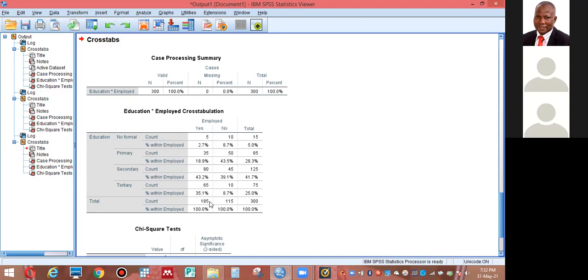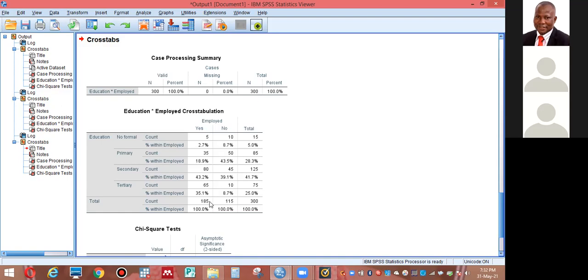It doesn't mean that employment status is higher with secondary education, because that number, 80, is out of what? They are the majority, they are 125. So 80 employed out of 125 is not up to 65 employed out of 75 tertiary graduates. Can you see that?